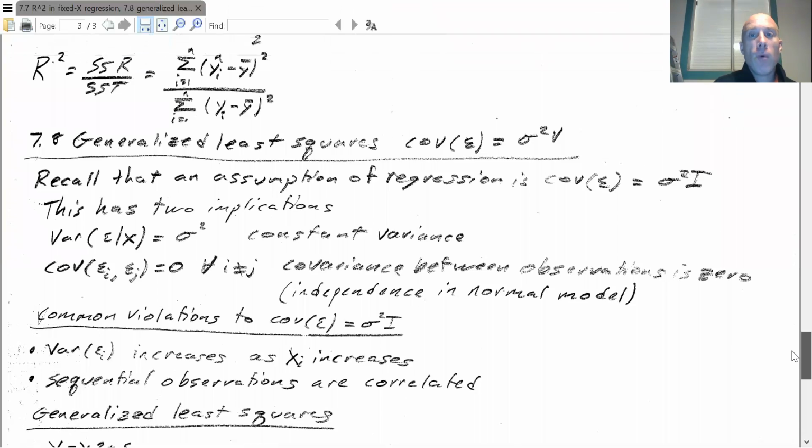All right, well, what if we're in the situation where this is not the covariance matrix of our residuals? Let's say instead, I have something where the covariance is equal to a constant times a positive definite matrix. Then I cannot proceed using regular old least squares regression. I need to adjust things.